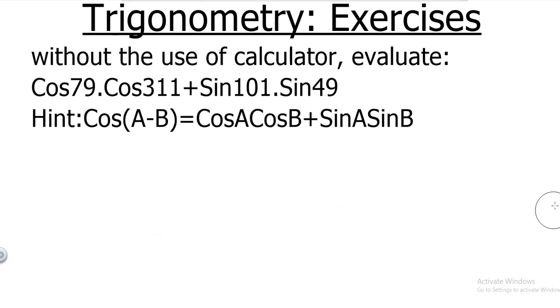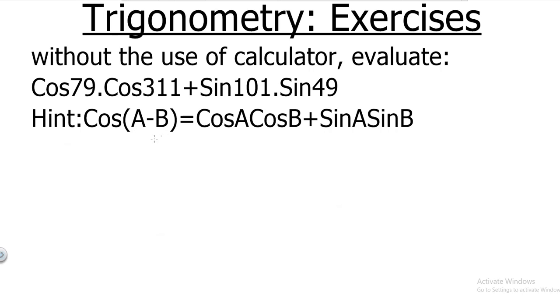All right. Look at this question carefully. It's very simple. It says, without the use of a calculator, evaluate cos 79 multiplied by cos 311, and cos 101, and sine 49.